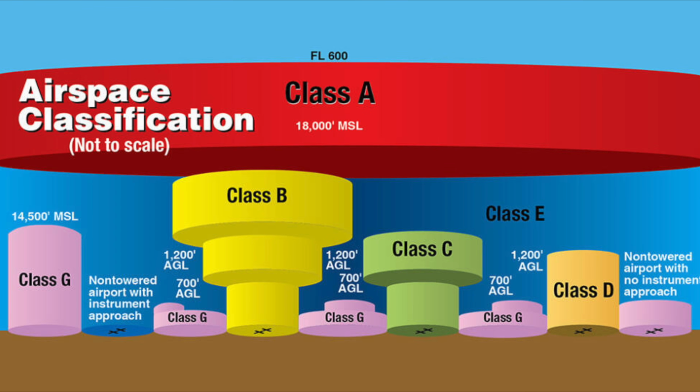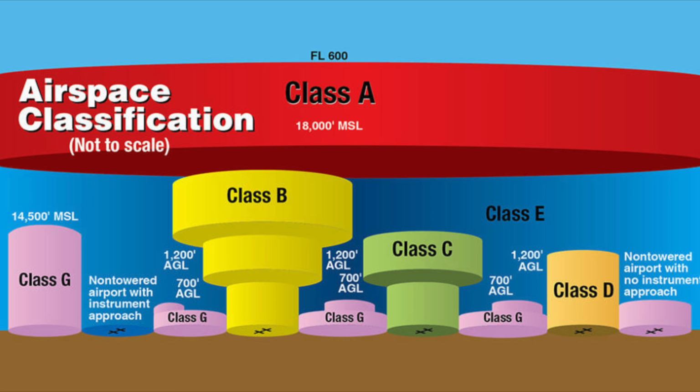You see, Class E airspace exists primarily so that air traffic control can control IFR aircraft, or aircraft flying under instrument flight rules. It's not necessarily set up in a way where they can control every single aircraft flying within that particular airspace. So the answer basically comes down to this.